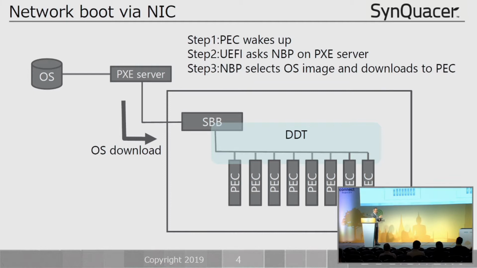In that setting, bare metal provisioning will not work, because the end users need to choose the OS image from a list, and we need that OS image to be distributed by DDT. So that means DDT must be on before the OS starts.